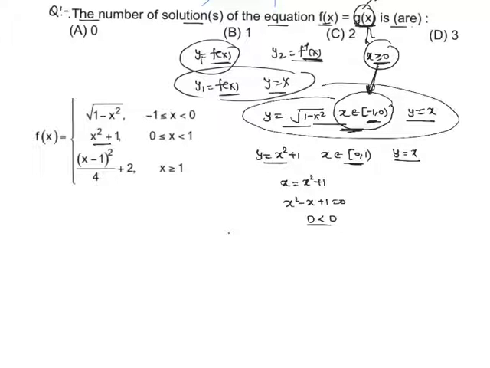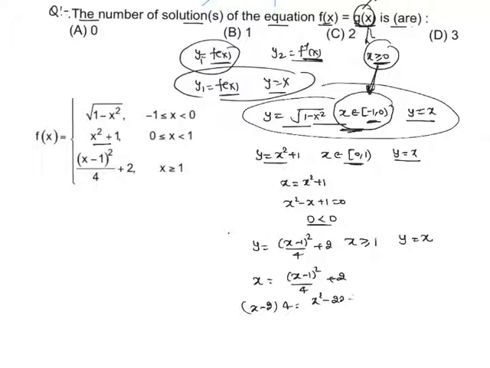The last is what? If I take y equals (x minus 1) whole square divided by 4 plus 2, where x is greater than or equal to 1, and y equals x. So if I simplify here, x equals (x minus 1) whole square divided by 4 plus 2. So what will come? (x minus 2) into 4 equals x square minus 2x plus 1.